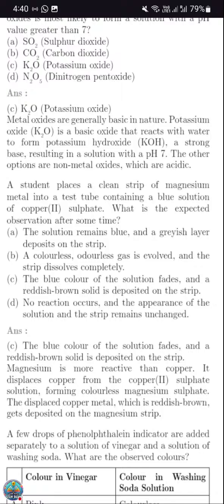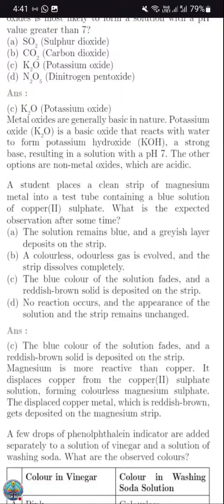Blue color of the solution will fade because magnesium is more reactive than copper. So here, out of the options, the first one, solution will remain blue. So first one is wrong, colorless. So that's also wrong. Option number C, blue color of the solution will fade and reddish brown solid deposit on the strips. That is, the copper will get deposited on the strip.